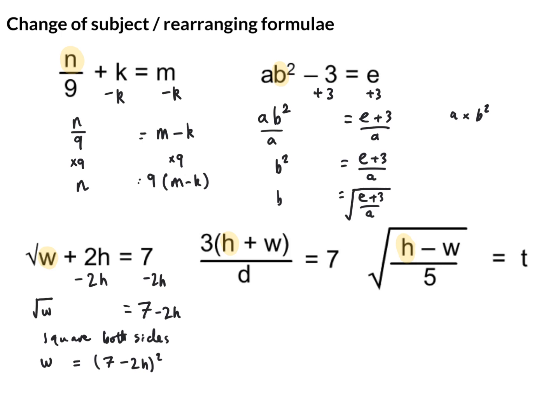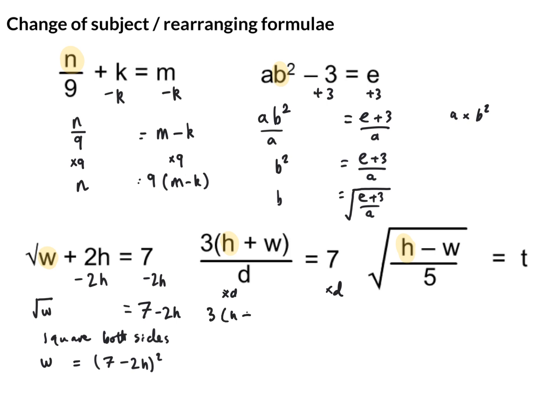Next one has some brackets in it, as well as a fraction. I'm going to make h the subject here. So h is trapped within these brackets and is trapped within the fraction. So we can't really get to the brackets here until we deal with the fact that this is a fraction. So I'm going to get rid of this divided by d by multiplying each side by d.